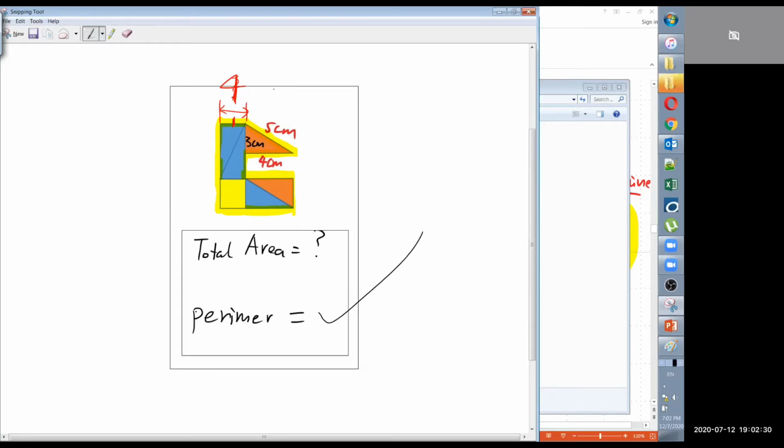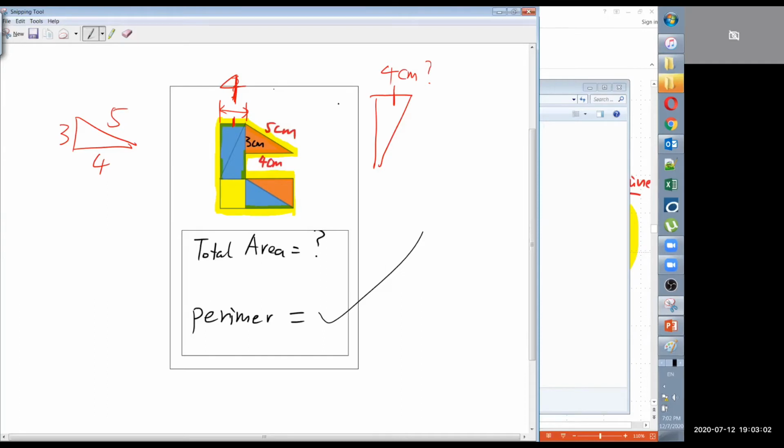Wait. This one is given, right? 3, 4, 5.